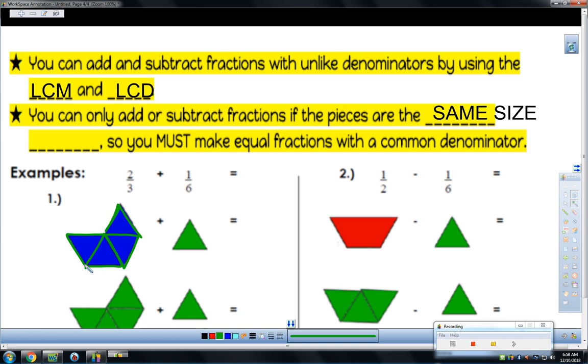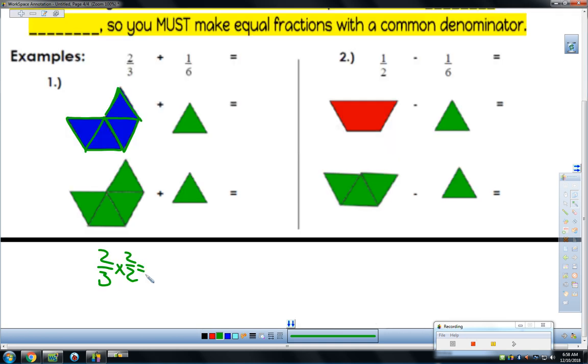The math here that I just did was that I multiplied this by 2/2 so that I would end up with a denominator of 6, and my numerator becomes 4. Now I can add 4/6 and 1/6. 1, 2, 3, 4, 5. 5 pieces. Each of these pieces is cut into sixths.